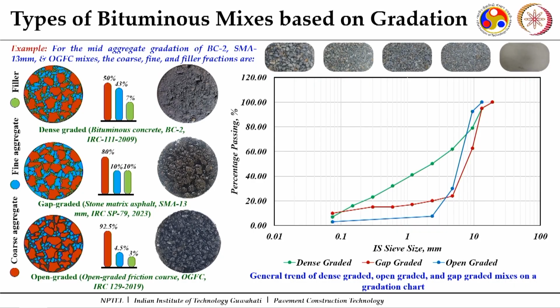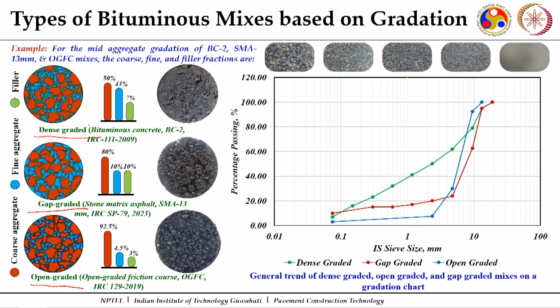Now you can see here three different types of gradations have been shown: the first one is your dense graded bituminous mixes, second is your gap graded bituminous mixes, and third is your open graded bituminous mixes. All are bituminous bound mixes, but they have different characteristics in terms of their denseness.